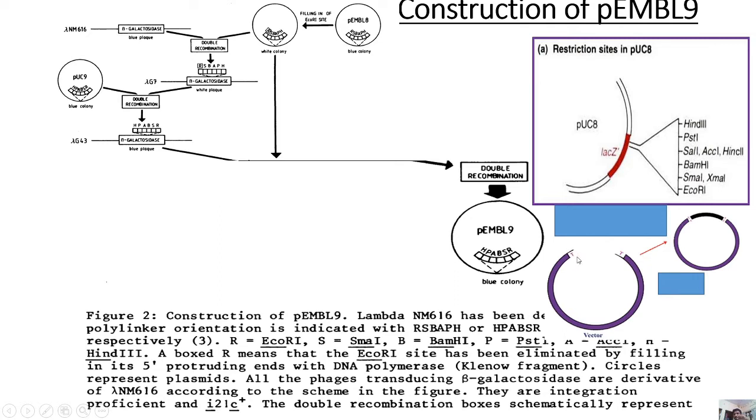This is possible with the Klenow fragment. Hence, the protruding ends get filled, forming a 4 nucleotide length double stranded region here, and here also a 4 nucleotide filled region. Then you have to ligate the vector. Then this 4 nucleotide and this 4 nucleotide region together form 8 nucleotides.